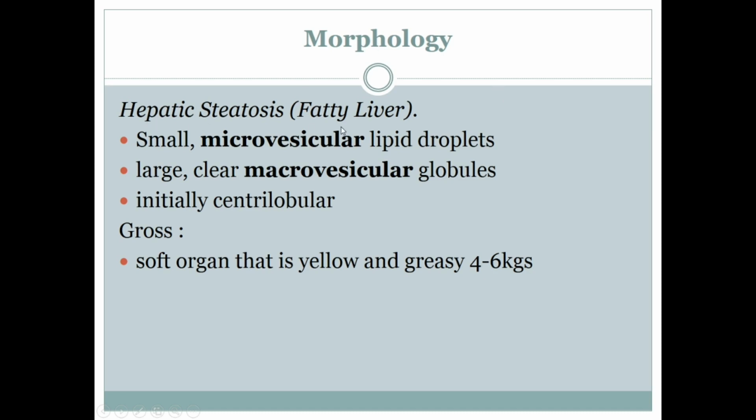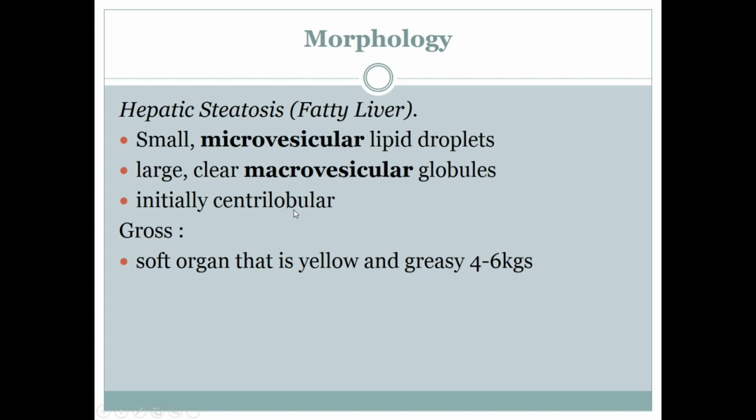On the morphology of hepatic steatosis, microvesicular means small lipid droplets, macrovesicular means large ones, like the picture I showed you just now. Initially everything is centrilobular, like what I have explained to you about zones 1, 2, 3.